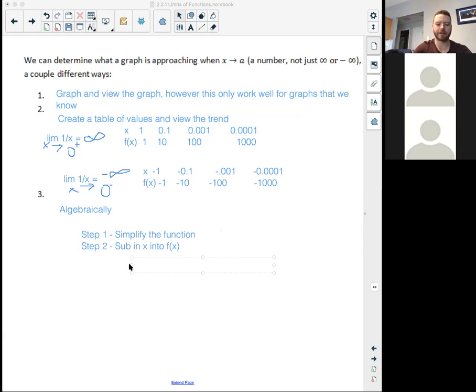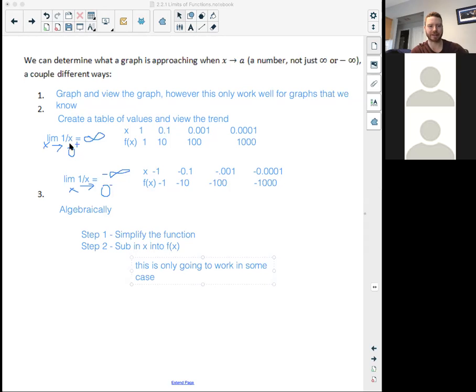Now, this is only going to work in some cases. In some problems, you're not going to be able to simplify the function any further, and then you can't sub x into f of x.